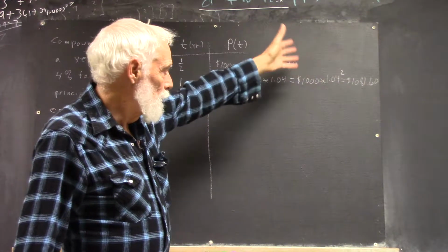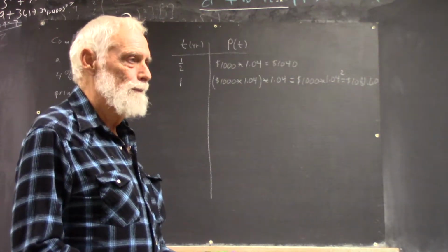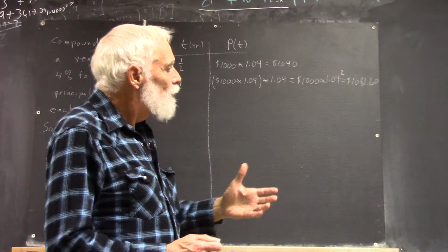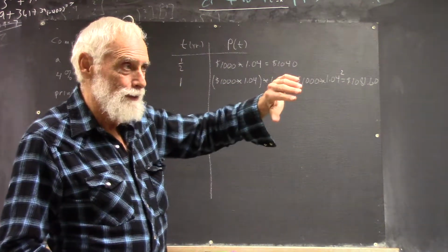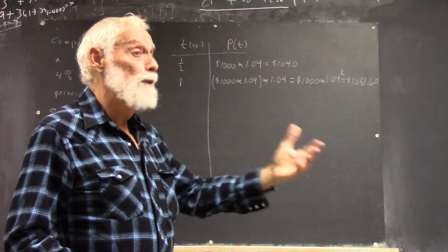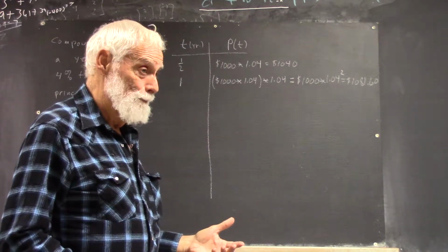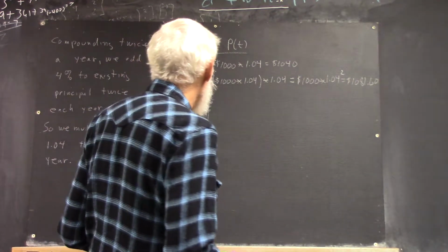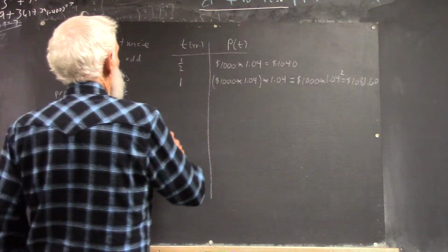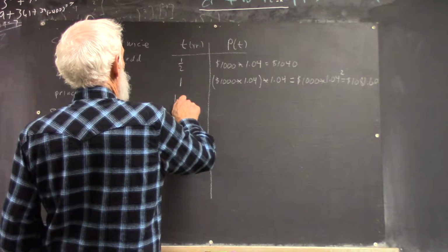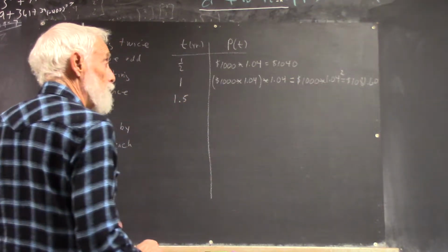Now, it doesn't seem like a really huge difference, and it isn't, but the way interest grows exponentially, after a period of time, it makes a big difference. Okay? So I'll go ahead and use decimals. After 1.5 years, what are we going to have?